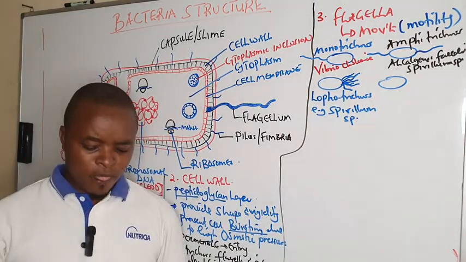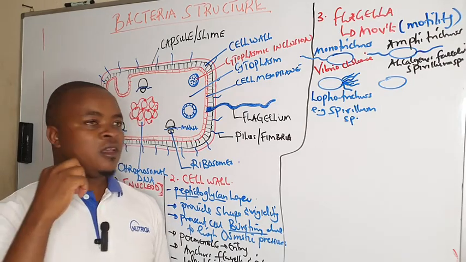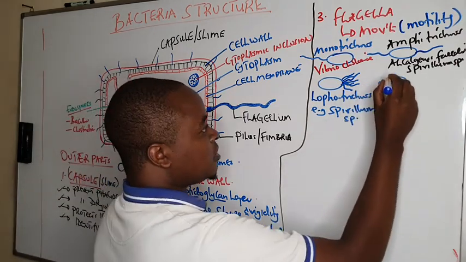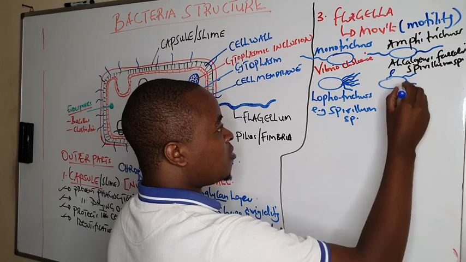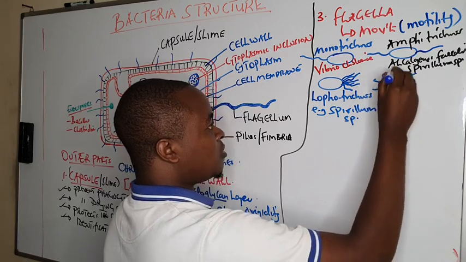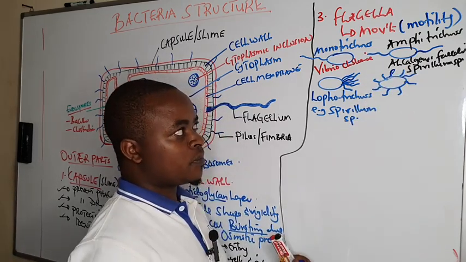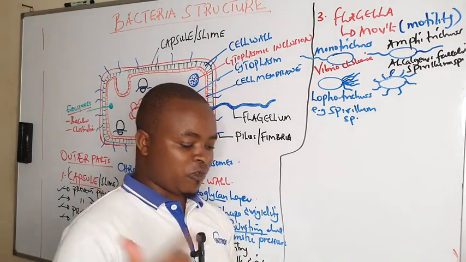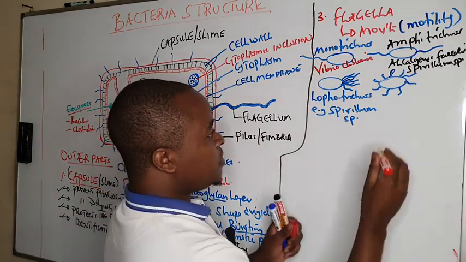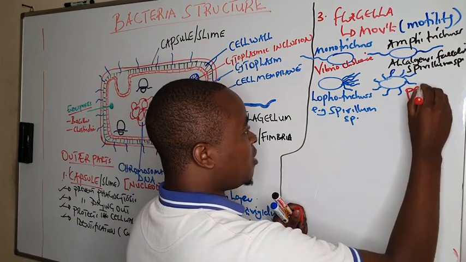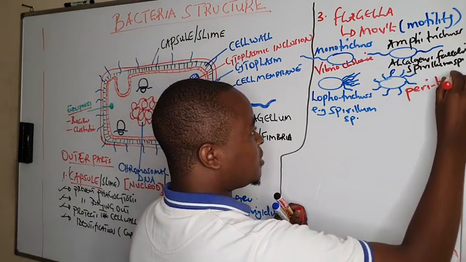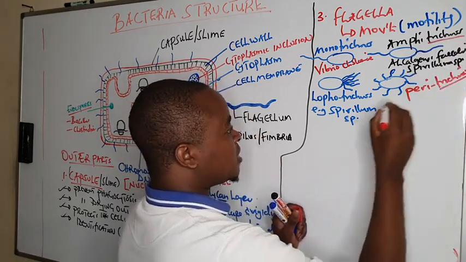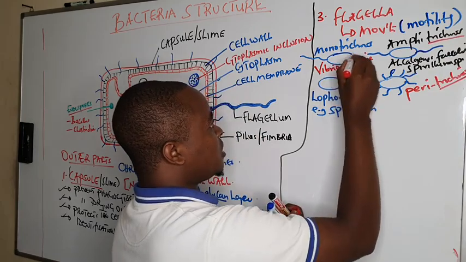Then lastly, you find some bacteria with flagella all over the cell. If this is the bacteria, you find flagella surrounding the whole cell wall. And this type is known as peritrichous. Peritrichous comes from the word perimeter, meaning surrounding. So you can appreciate that every word ends with the suffix trichous.